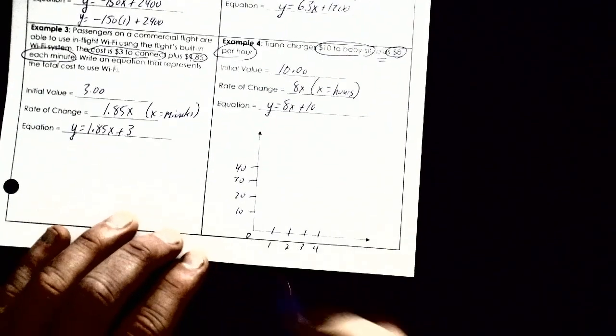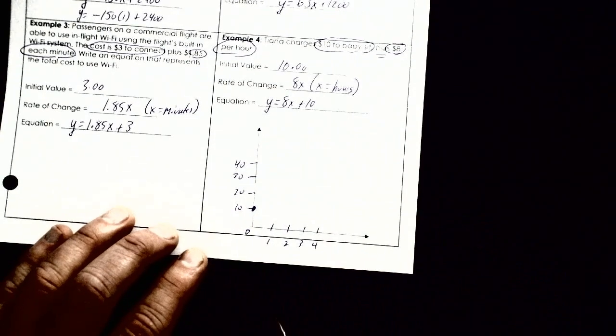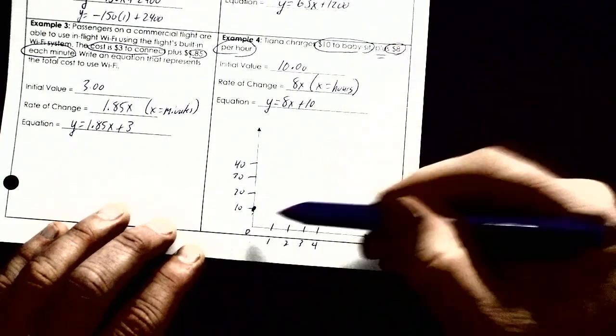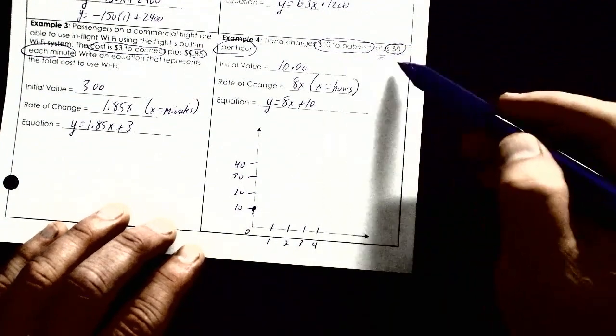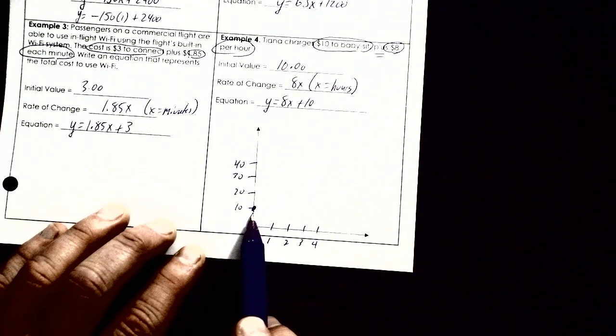All right, so where did we start? At 0 hours, she's already charging $10. So that goes right there. This is your y-intercept. This is the starting point. Initial value is $10. Before she even works an hour, she's being paid $10. That's this one right here, the initial value.